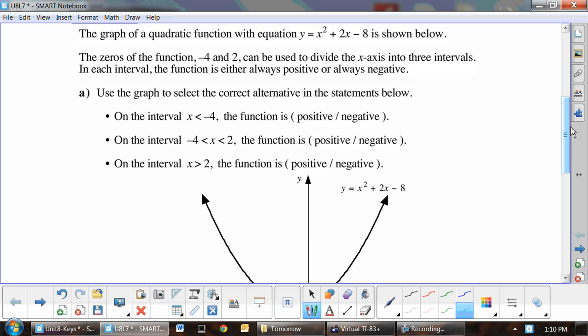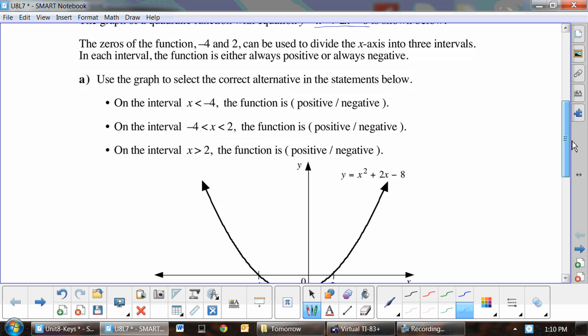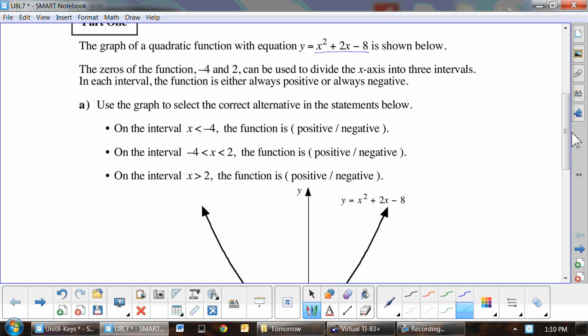Okay, so if you look here, we have x squared plus 2x minus 8, and we have a picture of it right there. If we were to solve this, we would have to factor this first. So we'd get x plus 4 and x minus 2, which means that our x-intercepts are -4 and 2.